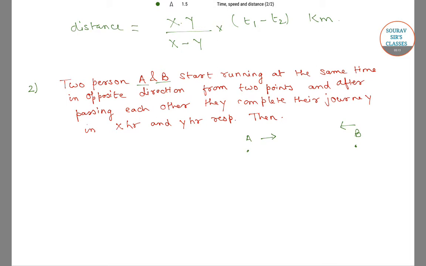After passing each other, they complete their journey in X hours and Y hours. That is, suppose they passed each other at this point, then they cover the remaining journey in X and Y hours. That is, A covered this journey in X hour and B covered this journey in Y hour.